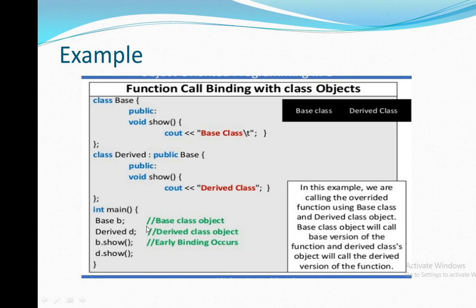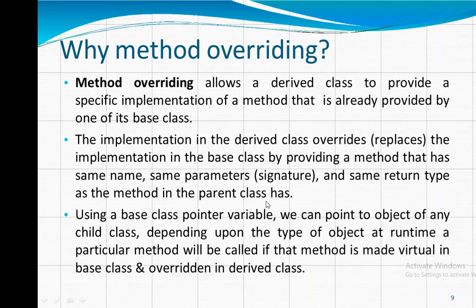If we want to call these two methods, we need to create two objects: an object of the base class, B, and of the derived class, D. With the help of the objects, we can call both methods. So why method overriding? Method overriding allows a derived class to provide a specific implementation of a method that is already provided by its base class.